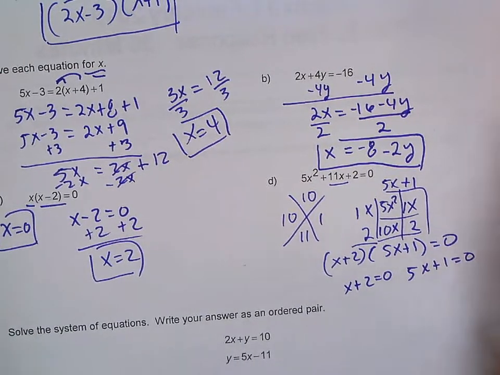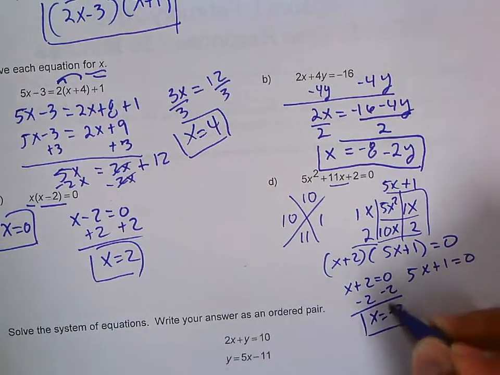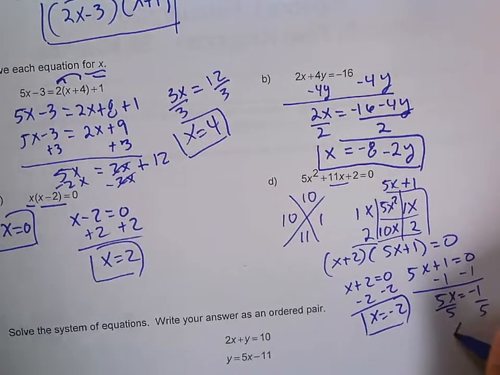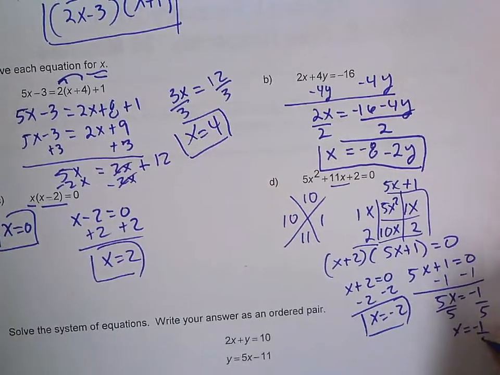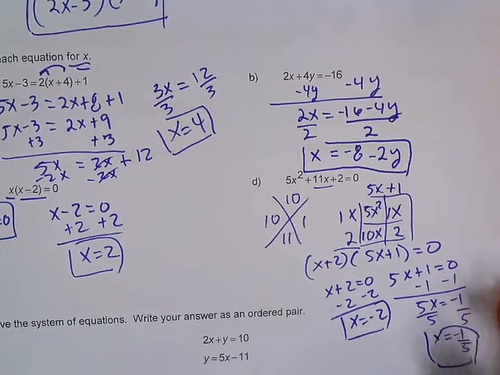That's to find the value of x. So 5x plus 2 is 0, minus 2, 5x is equal to negative 2. And x plus 1 is 0, minus 1, x is equal to negative 1. Divide by 5, so x is equal to negative 1 over 5. Okay, that's it for this problem.